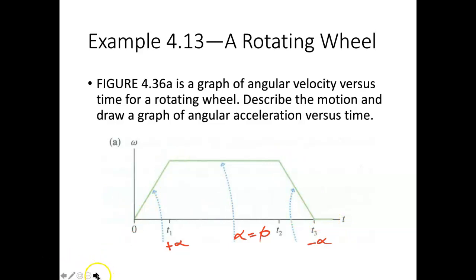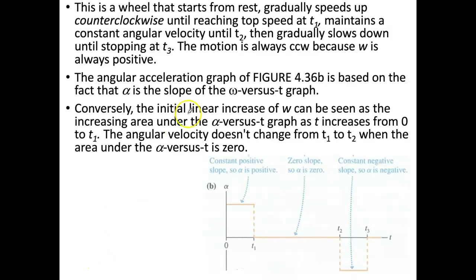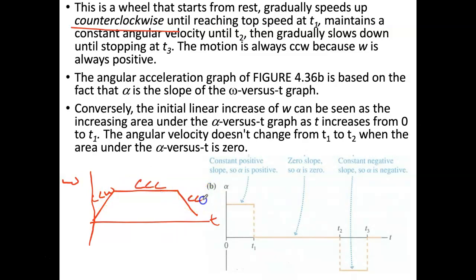So we're describing the motion of a graph of angular acceleration versus time. So the wheel starts from rest, it speeds up counterclockwise. So be careful, because even though that graph looked like this, and we had omega here, and we have time here, because this is a positive slope, it's got to be going counterclockwise. Then it's not accelerating at all, it's still going counterclockwise, and here it's still going counterclockwise.